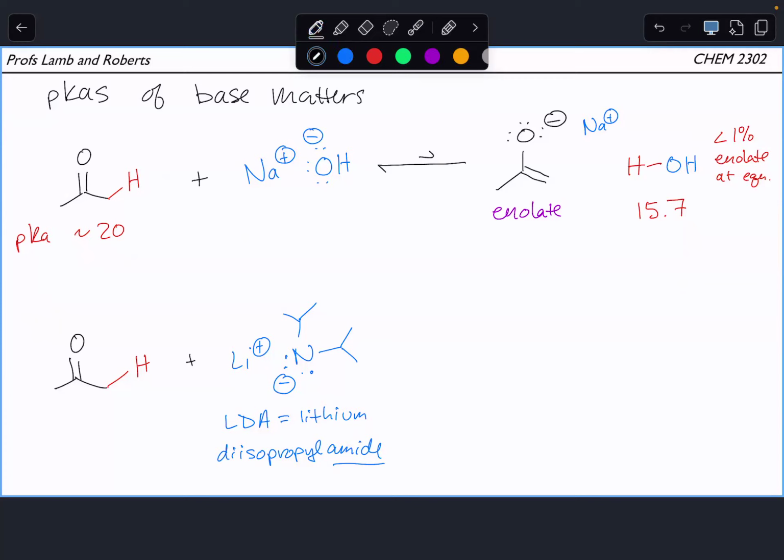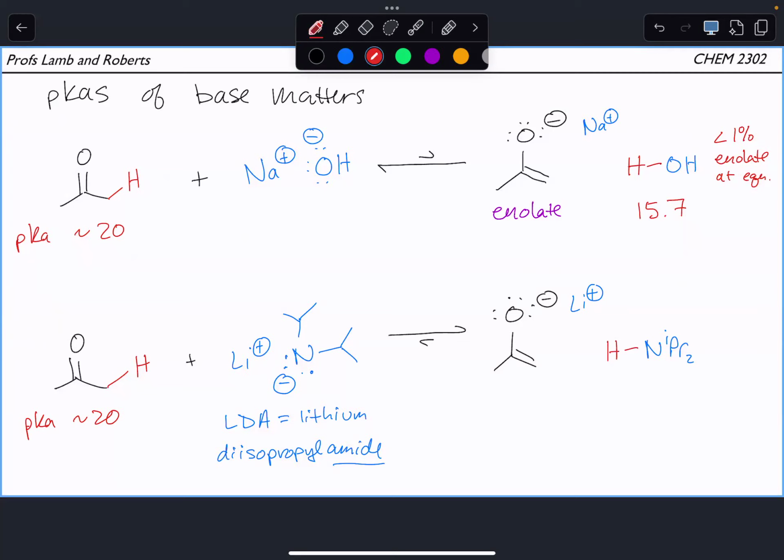So here, we have our pKa of about 20 on this side. So now our equilibrium arrows are going to be the other direction. We form the same enolate. Now we have a lithium counterion. And now our byproduct is diisopropyl amine.